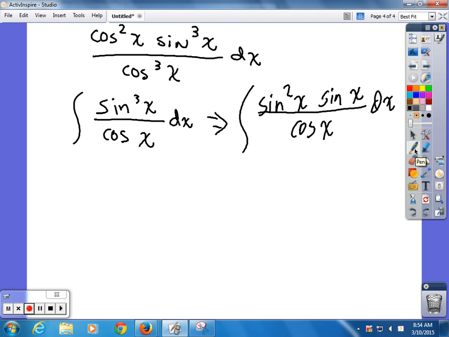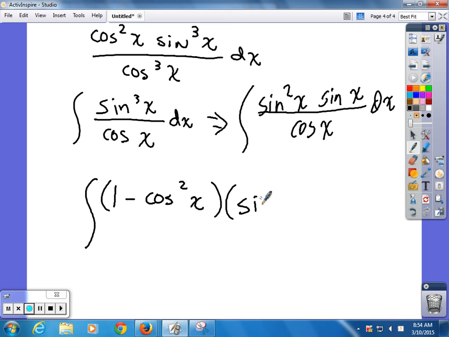So we could rewrite this as the antiderivative of 1 minus cosine squared of x times sine of x over cosine of x dx.